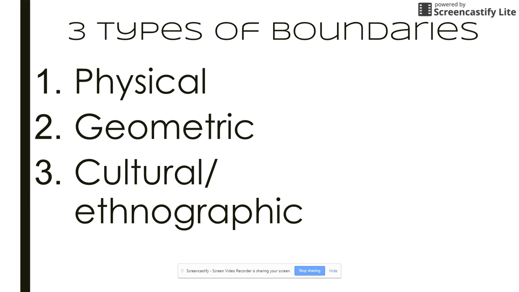And then the last one is cultural or ethnographic. These are very similar to subsequent boundary lines that are drawn or created as a means of a cultural divide. And trying to understand ethnography or the study of different cultures and why people live the way that they do, in a lot of cases provides us with a nice boundary line.